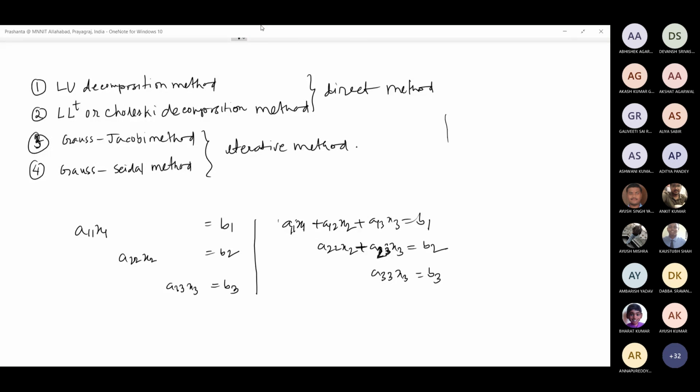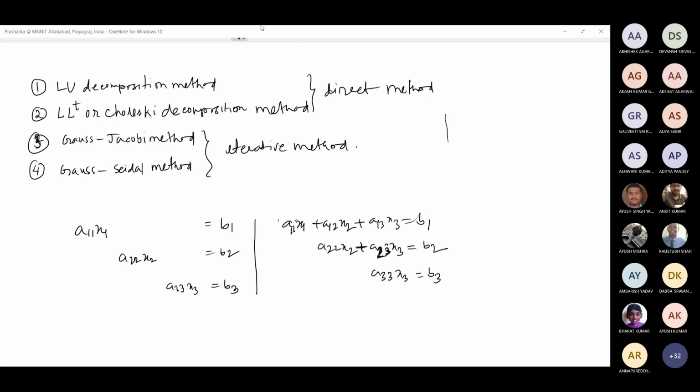What you have to do is use back substitution. From the last equation you calculate x3, then use that solution in the second equation to calculate x2, then use the previous two solutions x2 and x3 in the first equation to get x1.